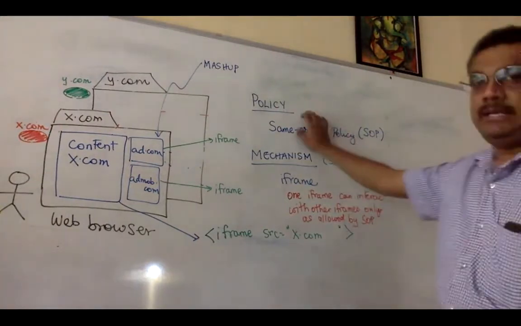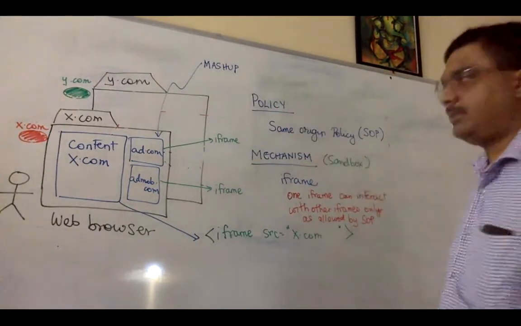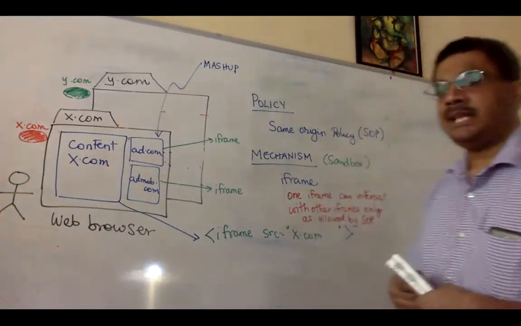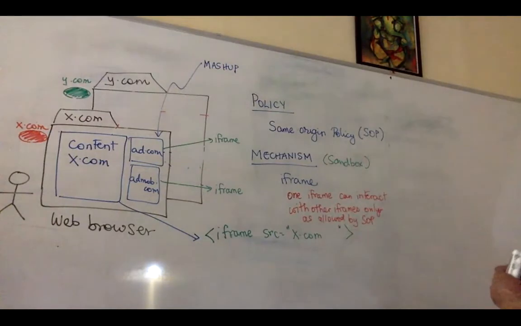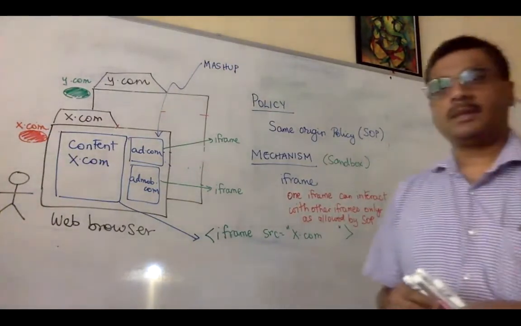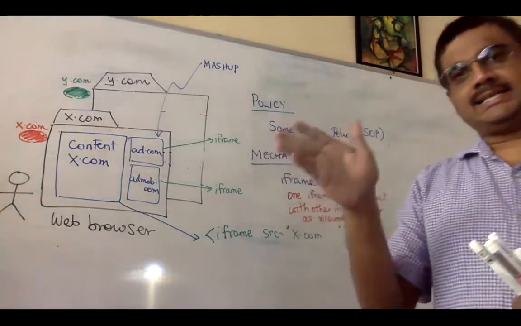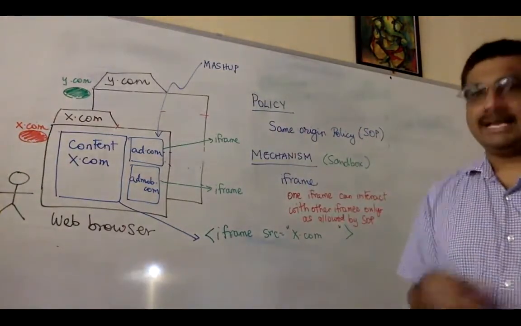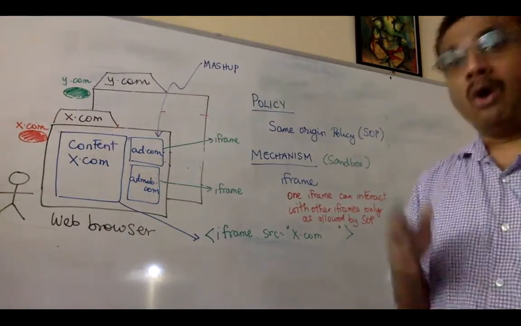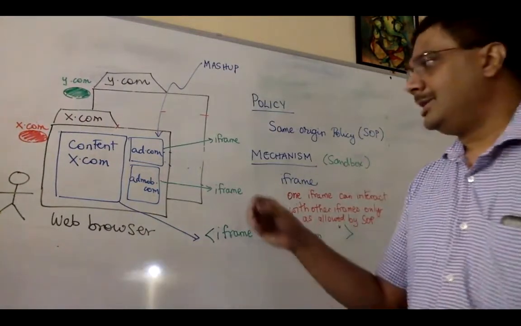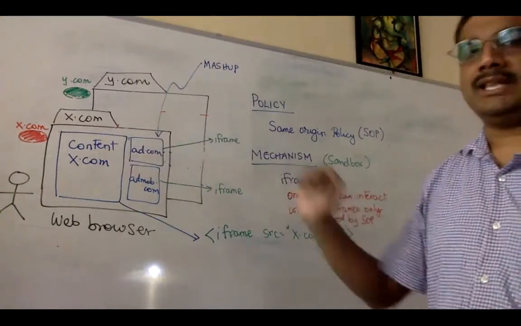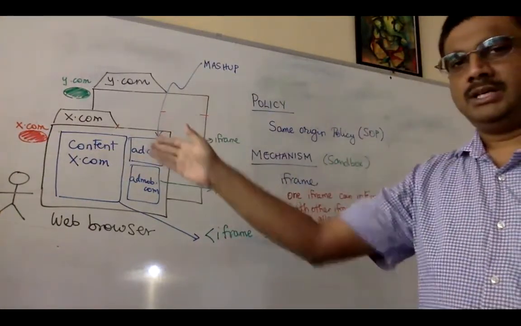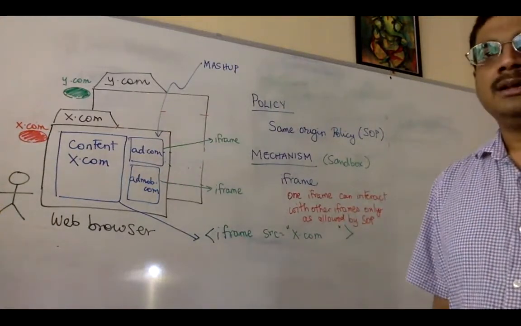All right, so that brings me to the same origin policy. What is the same origin policy? It works as follows. Whenever content is sent to your web browser from a particular web server, as I was mentioning with cookies, all content, including the JavaScript code, the HTML code, and so on, everything sent from the web server to the web browser is tagged.